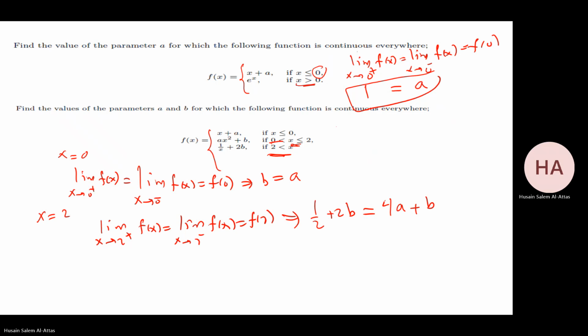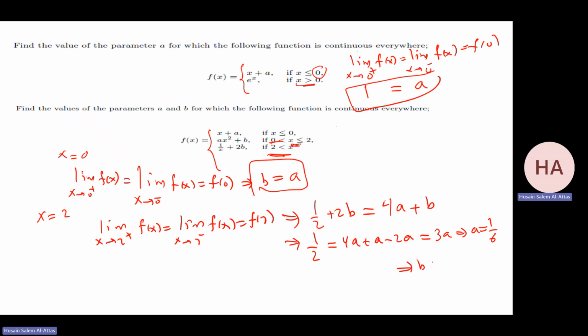Right? Yeah, we just substitute. b equals a, so half equals 4a plus a minus 2a, which is 5a minus 2a, 3a. So a equals 1/6, and b equals 1/6.